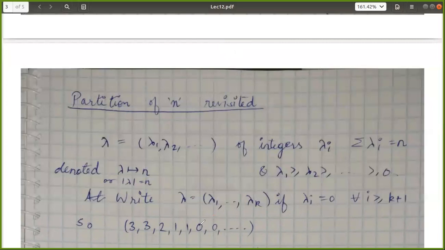Or you could put a bracket here as well for the same logic. They represent the same lambda, because anything beyond this is 0. Or even better, you could put a bracket here, and this is the most restricted form in which lambda could have been attained. All right?